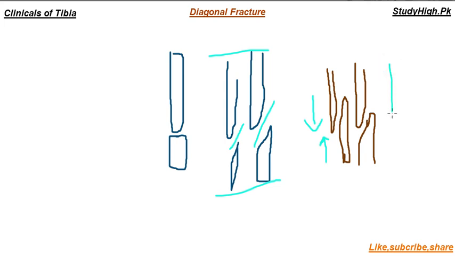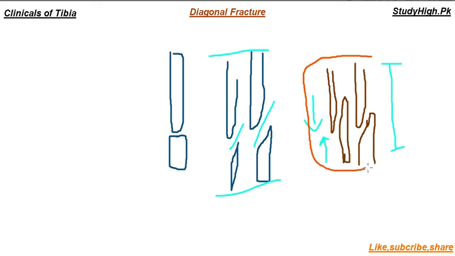So the length of the limb will be very low in a diagonal fracture as compared to other types of fracture, and shortening of the limb occurs as a result of overriding of the different fragments of the fractured tibia and fibula. So there is limb shortening in a diagonal fracture of the tibia and fibula.